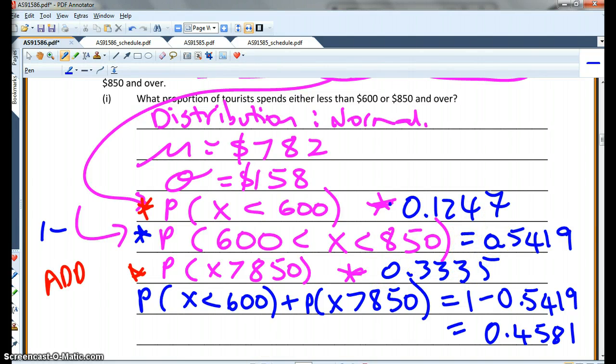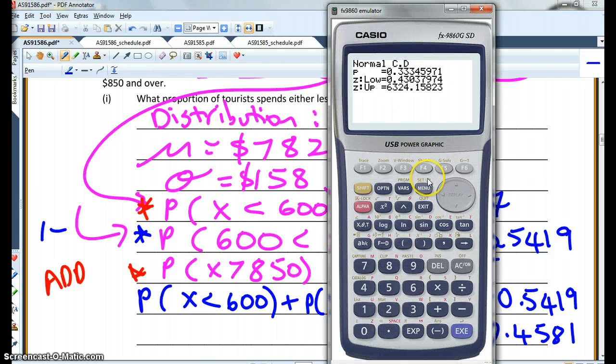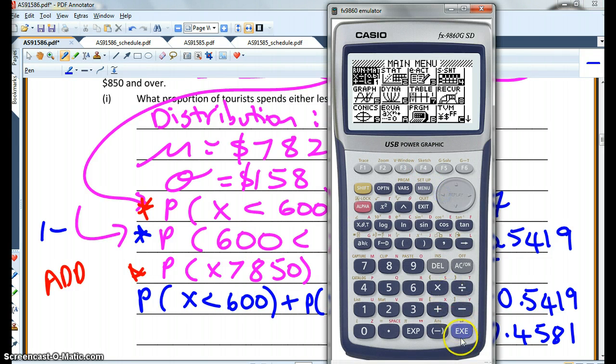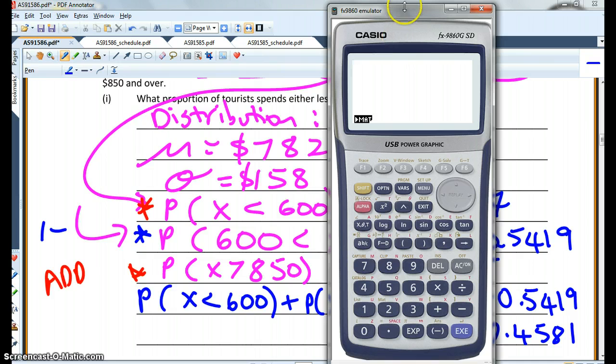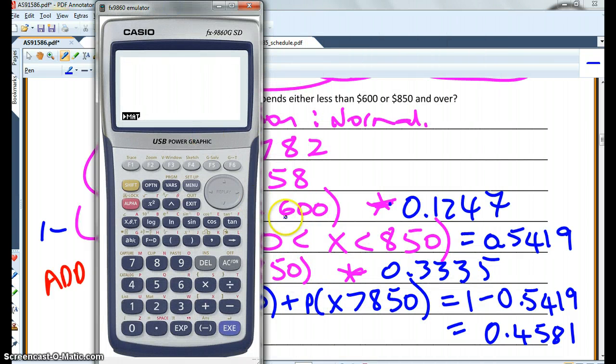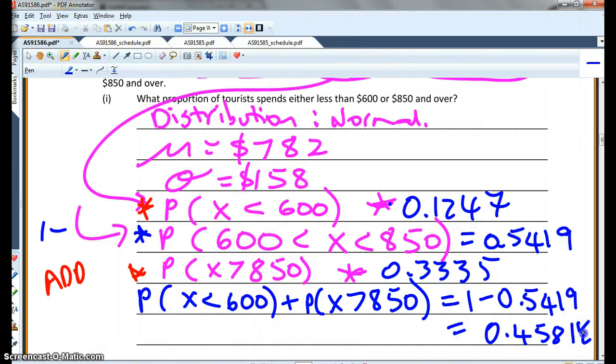Now I'm going to do my check. I'm going to go into menu, into run, and I'm just going to add those 2 up. 0.1247 plus 0.3335, and I should get the, okay, that's the same roughly. Have I answered the question?